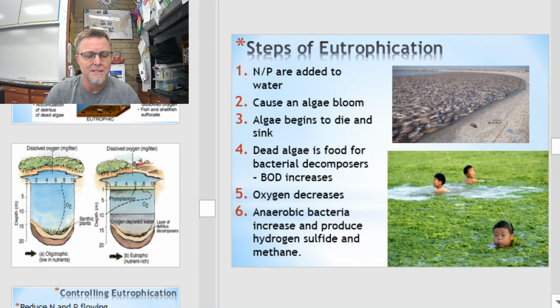As that increases, the oxygen decreases, and anaerobic bacteria increase and produce hydrogen sulfide and methane. Now what was once clean water smells like rotten eggs and nobody wants to be in it. Over time, that body of water turns into marsh or swamp, and then eventually dries out and becomes land.